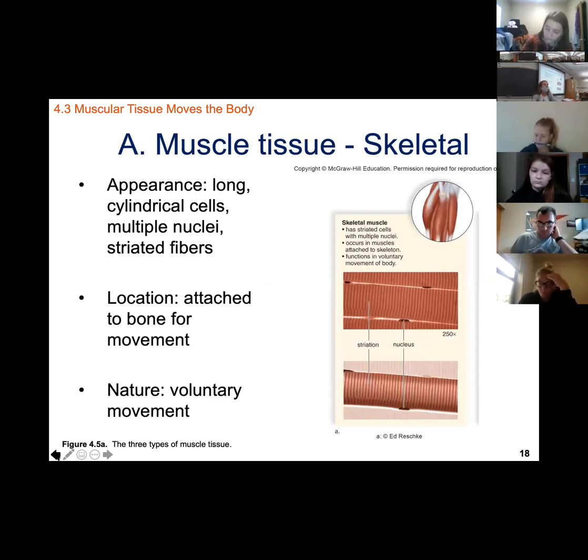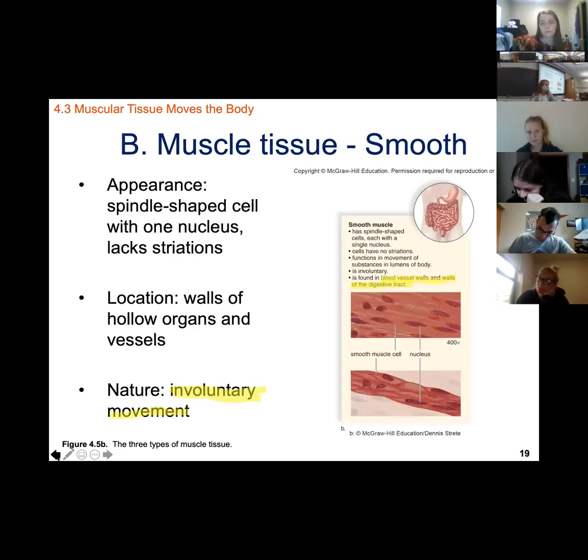I kind of think of it like a pipe cleaner, like if you were to wrap a pipe cleaner on itself. You remember pipe cleaners from crafts in elementary school? If you wrap a pipe cleaner around your finger, that kind of has that striated, striped look. This is for movement of your body. This is voluntary. This is the stuff you consciously are telling your body to do.